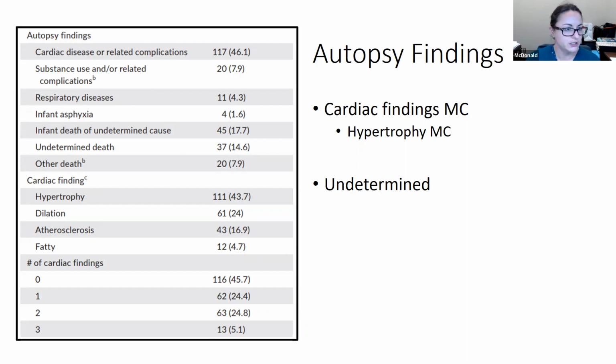It's also interesting to look on, I guess, not so interesting considering they were looking for genetic causes behind cases they were having trouble with, but the number of undetermined death was fairly significant.